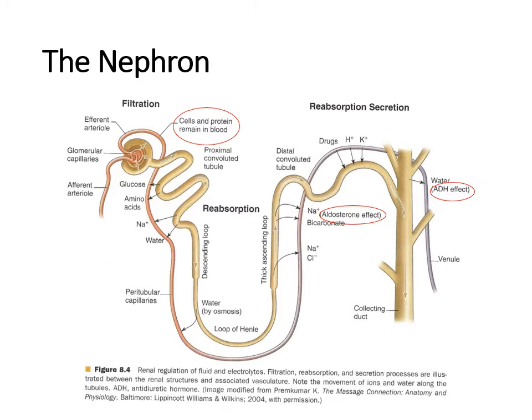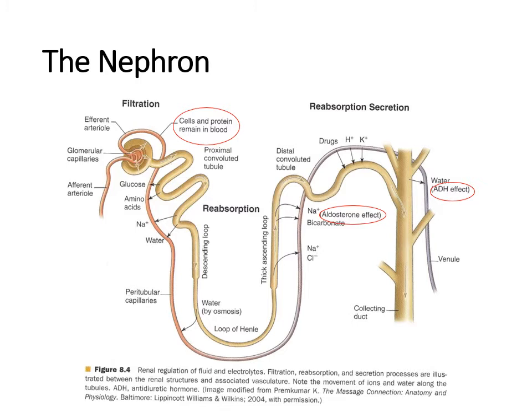Okay? So understand that the process of reabsorption is fluid or electrolytes or other molecules being taken back into the bloodstream from the nephron. The blood vessels can also decide that they want to give more into the nephrons that didn't quite get filtered at the glomerulus, and that's called secretion.